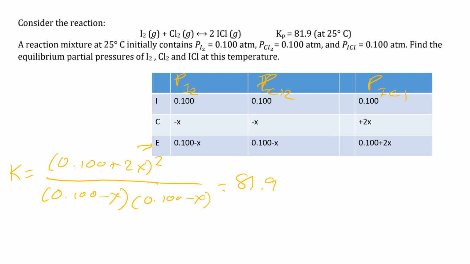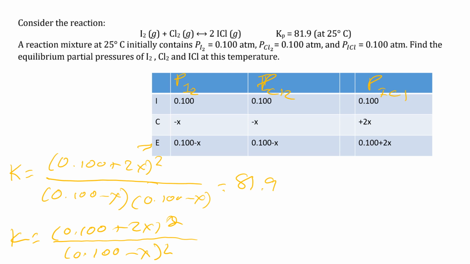You can either solve it with your graphing calculator, with the problem solver function, or because of the way this is written out, you can just solve for x. What I mean is, K equals 0.100 plus 2x squared over 0.100 minus x squared.